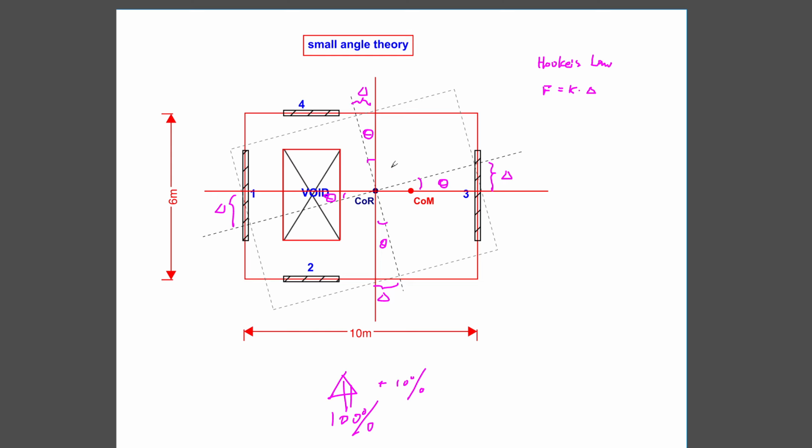So from Hooke's law, wall 1 is going to have a larger shear force, induced force, than wall 4 because the deformation is larger, but the theta angle is the same.